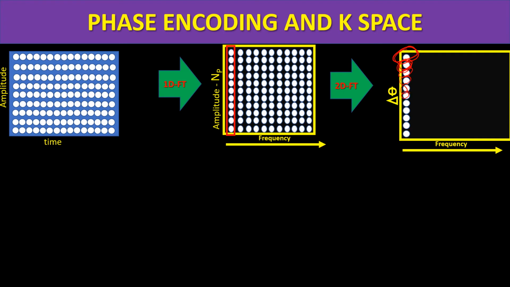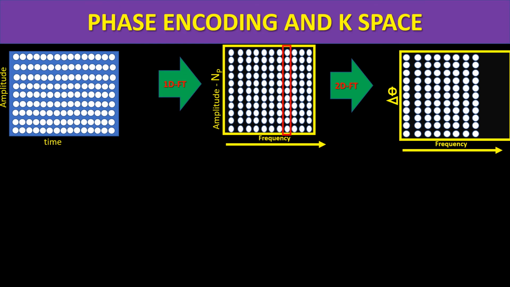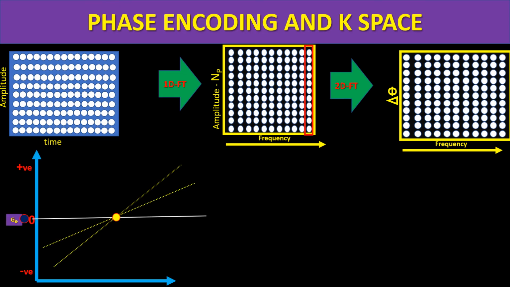Now if this is the phase gradient that I have applied and this is the information I am getting, concentrate well here. This is how we do the 2D Fourier transformation in the second dimension. Now I get a plot where there is a phase gradient at one level, a different phase gradient at another level, and the contribution of the frequencies at each level.